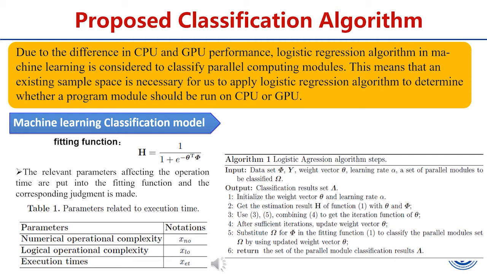We define the fitting function, put the relevant parameters that affect the running time of the simulation system into the fitting function, and use the corresponding parallel mechanism to judge.